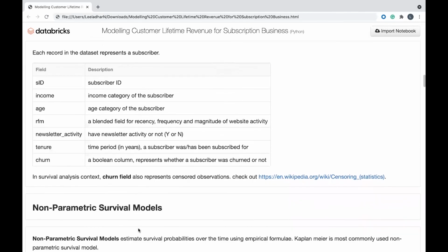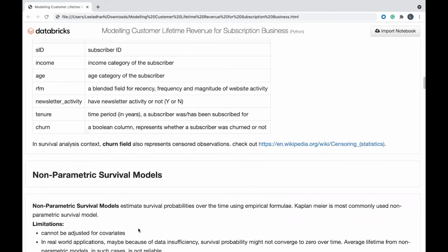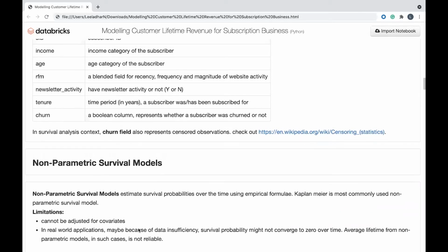And firstly, coming to non-parametric survival models, these models use empirical formulae to estimate survival probabilities over time. They are very simple and powerful, but they have limitations. They cannot be adjusted for covariates.